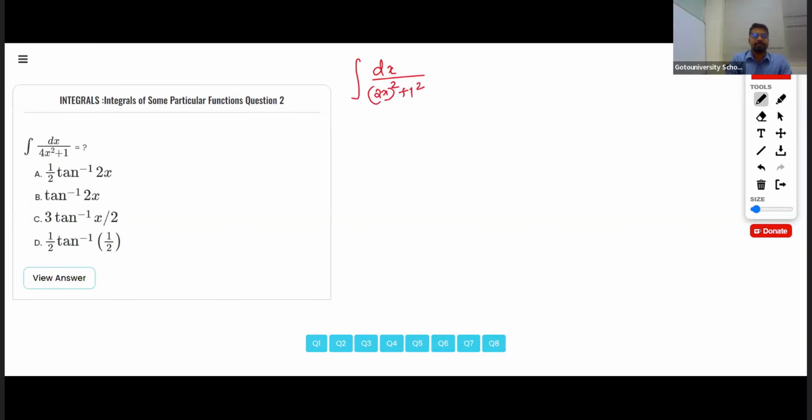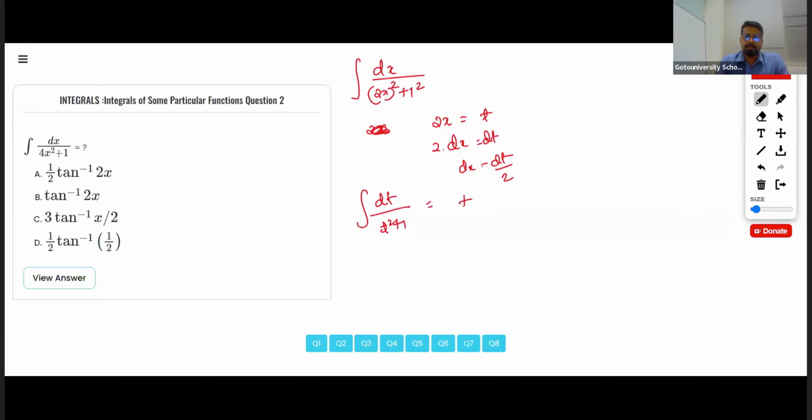Okay, let the 2x be t. What happens? Dt is equal to 2 dx, right? So what is dx now? Dt by 2. Okay, so our question changes to dt by t square plus 1.